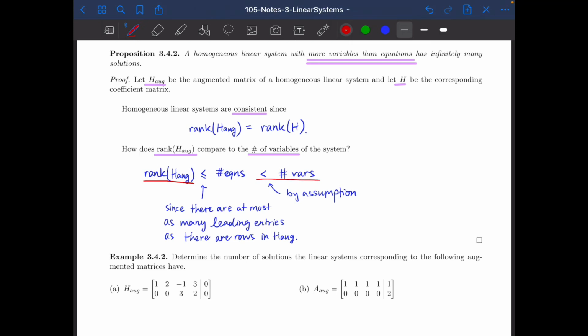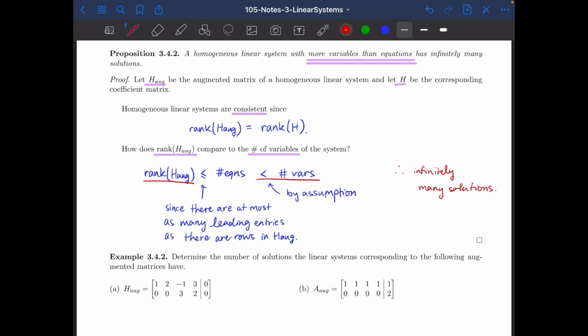When the rank of the augmented matrix is not equal to the number of variables, the corresponding linear system has infinitely many solutions. So therefore, the corresponding linear system has infinitely many solutions. Which is what we wanted to prove.